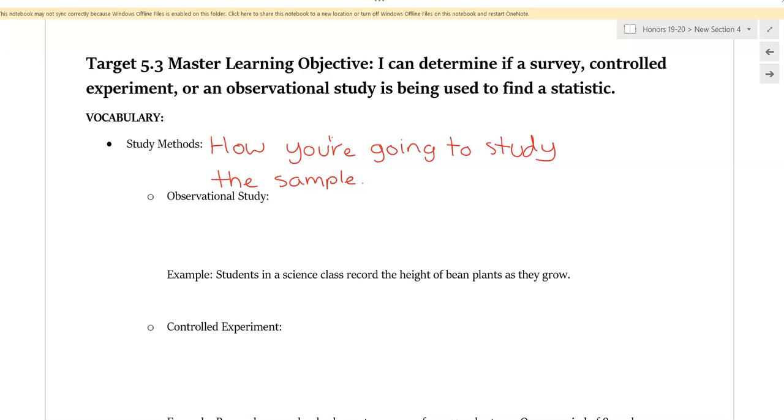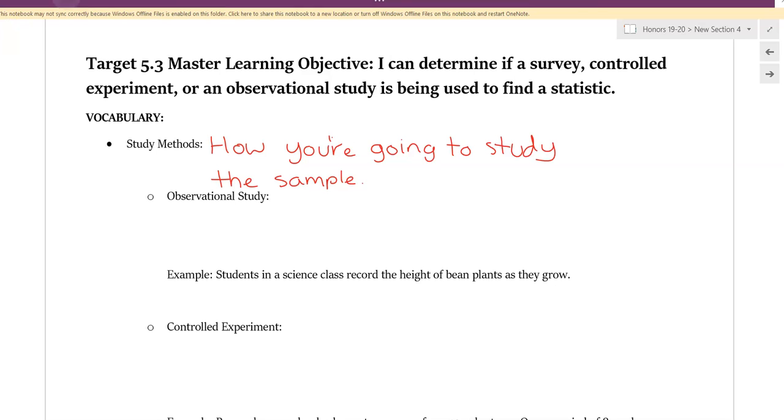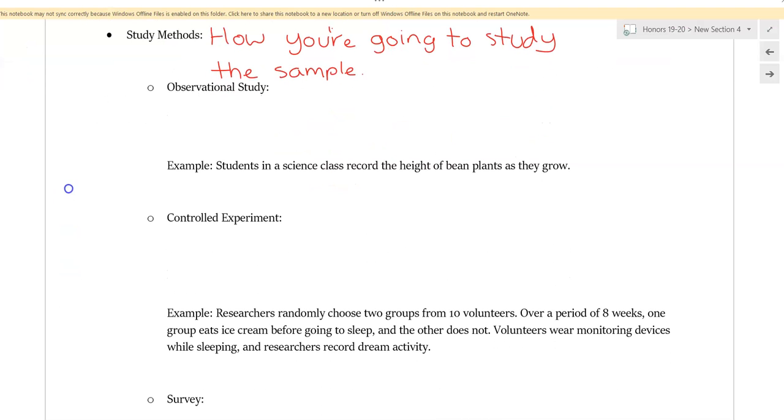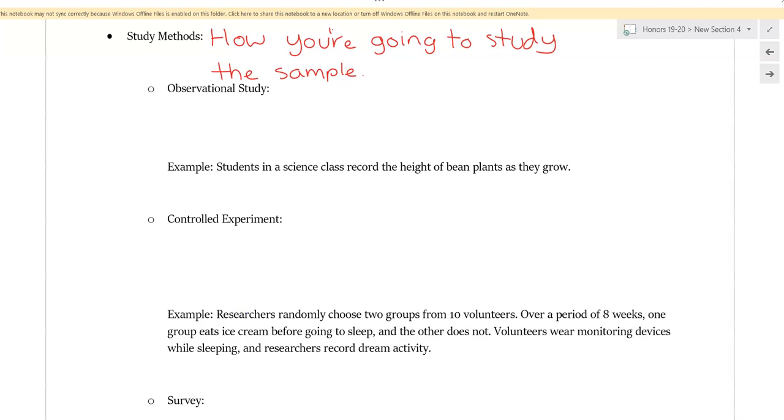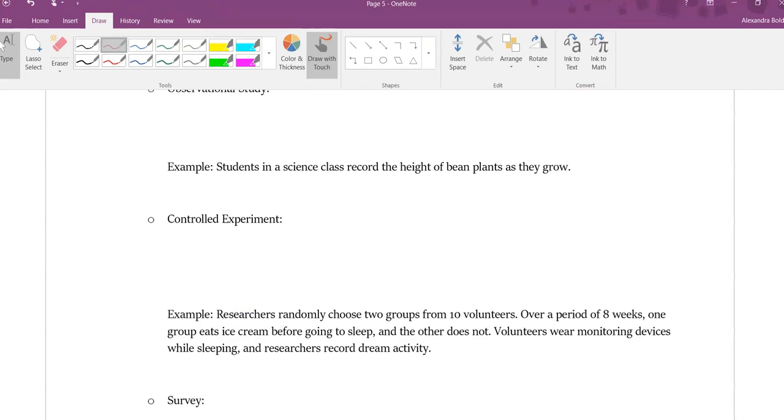So we have three different types of study methods. We have observational study, controlled experiment, and survey. Okay?